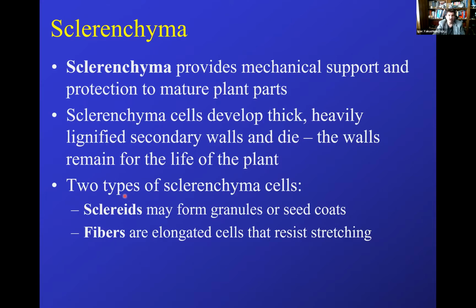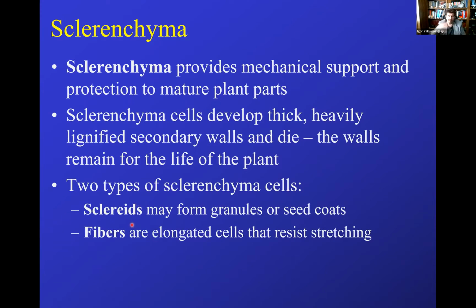Sclereids also build up the seed coat for many seeds, and this is where the peach comes in. If you try a peach, in the middle there is a single seed, very large, with a very thick seed coat made predominantly out of sclereids.